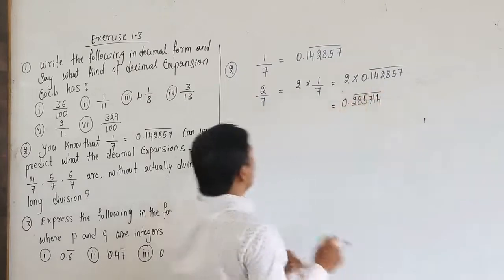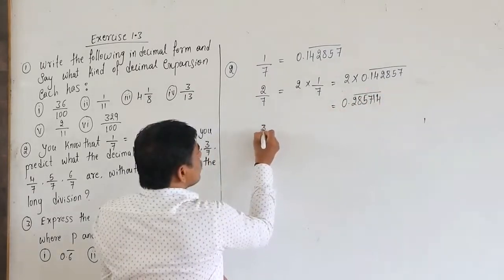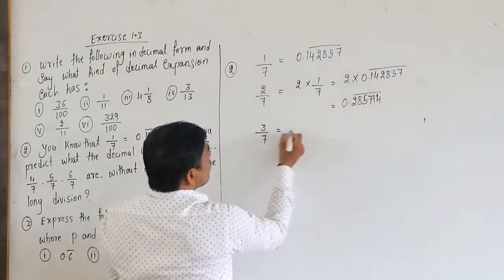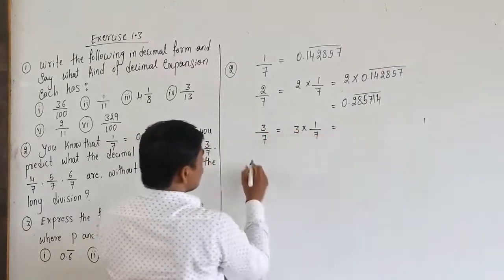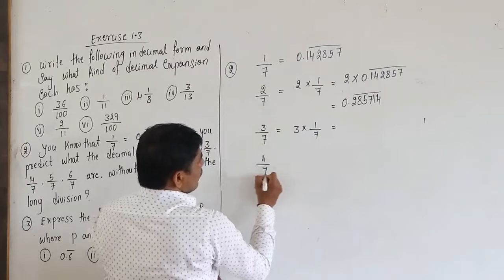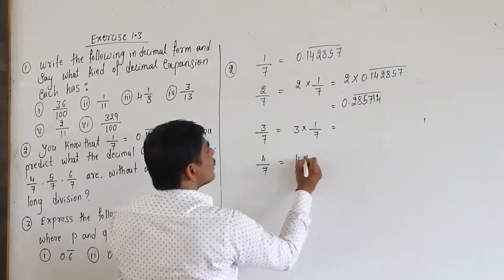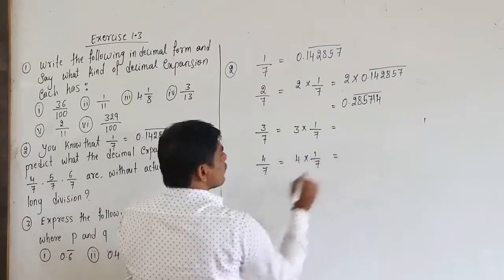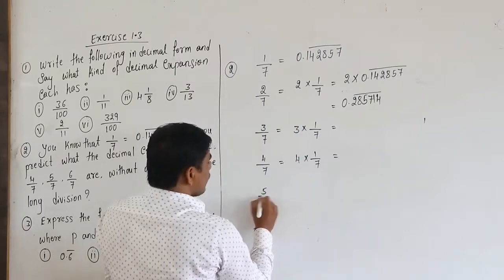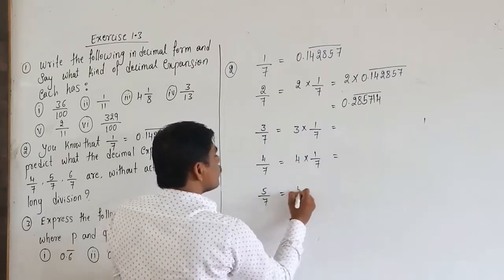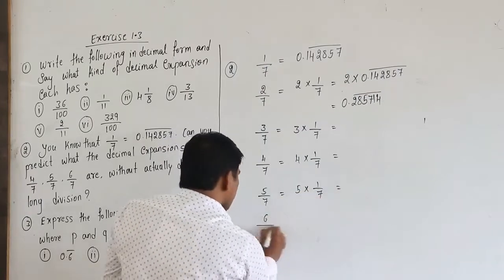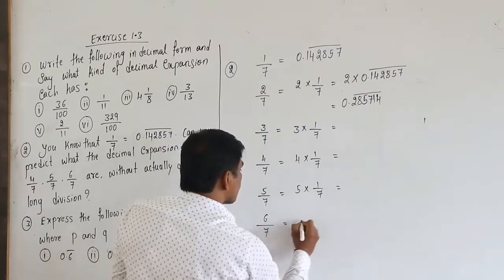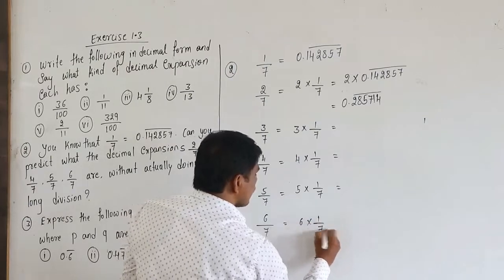285714 bar. And similarly 3 by 7 is equal to 3 into 1 by 7, and 4 by 7 is equal to 4 into 1 by 7, and 5 by 7 is equal to 5 into 1 by 7, and 6 by 7 is equal to 6 into 1 by 7.